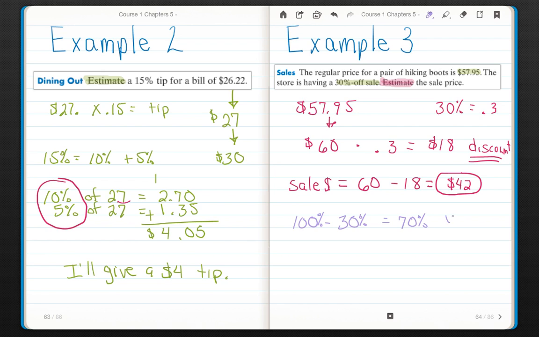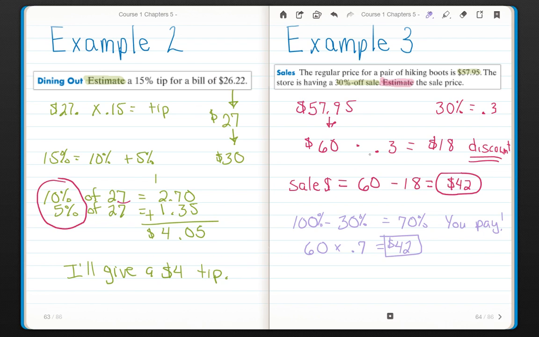This is what you do have to pay. You are going to pay 70%. So another option is to take 60 times 0.7 and get $42. Okay, so that is another option.